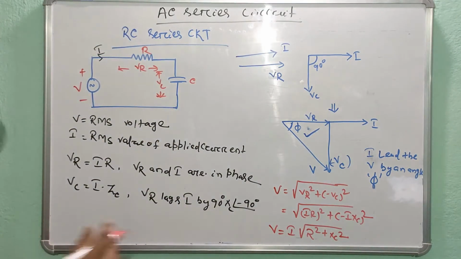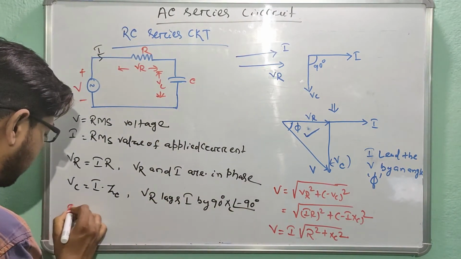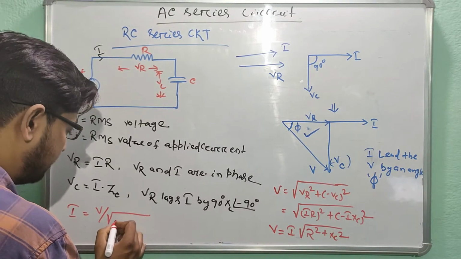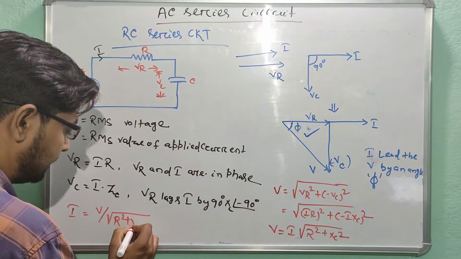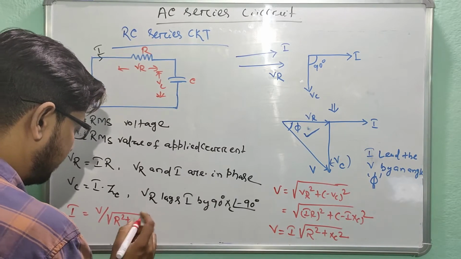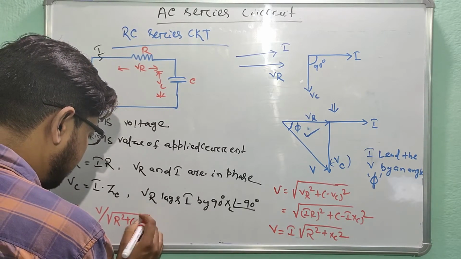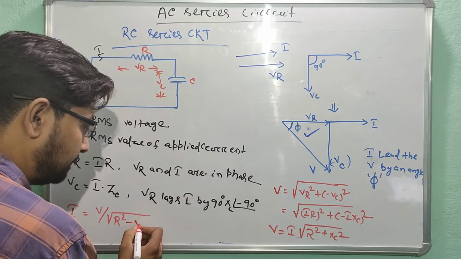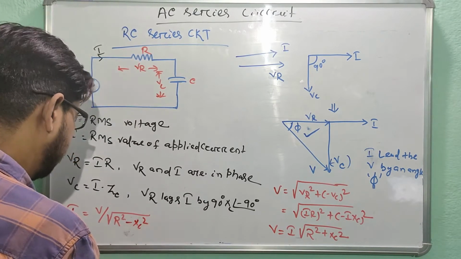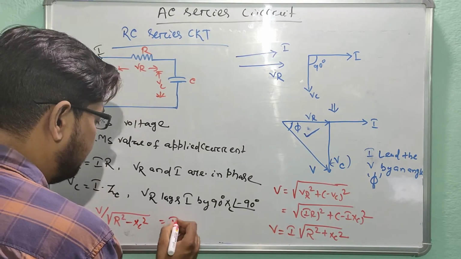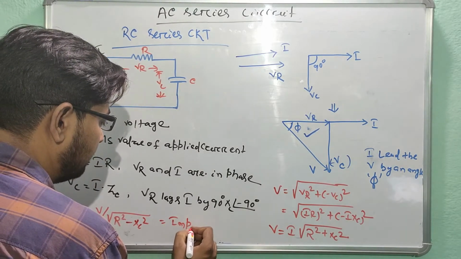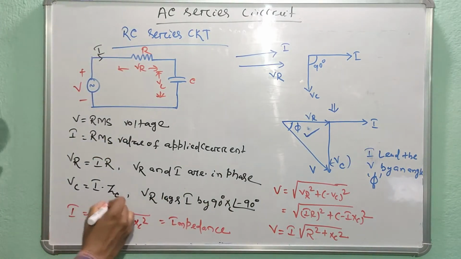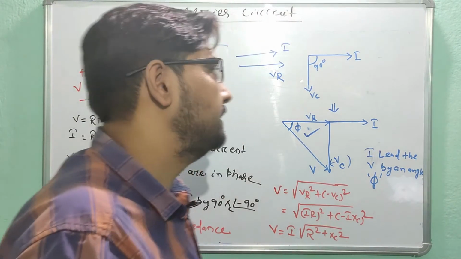Now what is my I value? I is equal to V by root over of R square plus XC square. This is known as impedance, that is equal to root over of R square plus XC square.